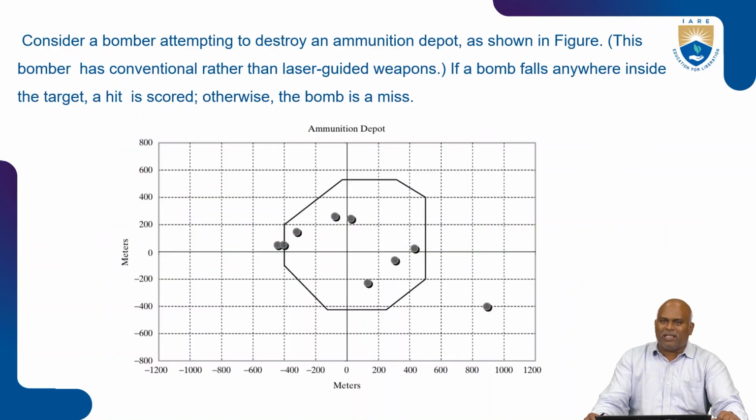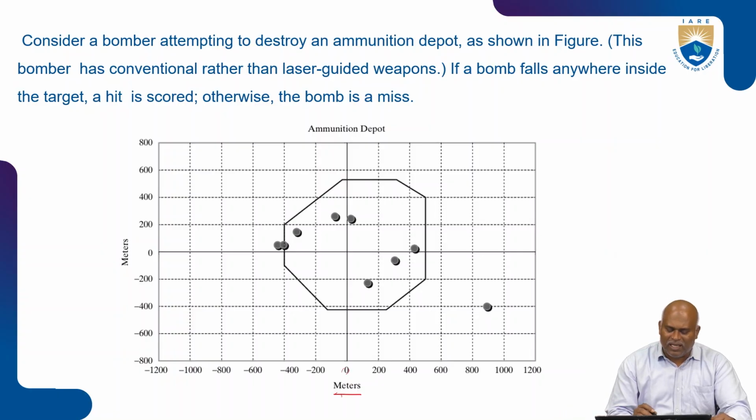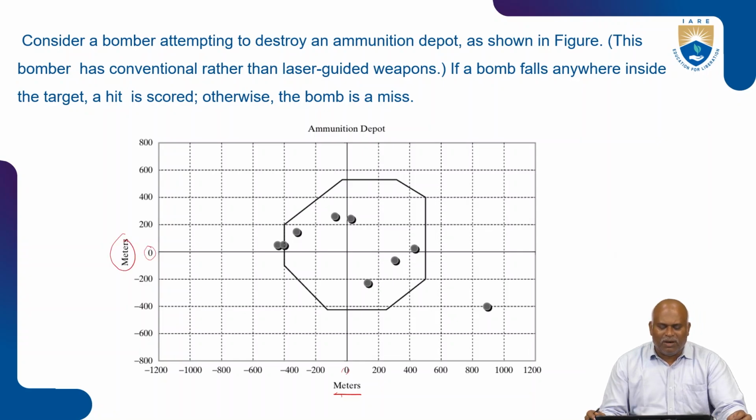Here I take a real scenario of hitting a target. I consider a bomber attempting to destroy an ammunition depot, as shown in the figure. In this figure, the center is marked 0 in meters, and the height is also measured in meters from 0. The bomber has conventional rather than laser-guided weapons.